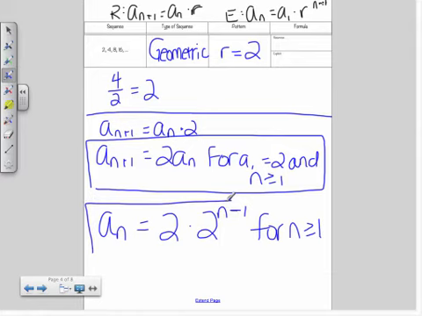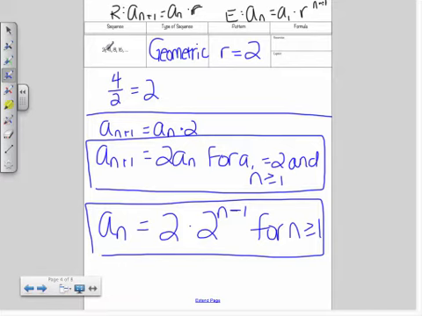Now this should make sense to you that it is exponential because I'm multiplying by 2 repeatedly over and over and over again. So to go from 2 to 4, I multiply by 2 once. Since 4 is the second term and I multiplied by 2 once, it would be the second term minus 1, which is 1, so I multiply by 2 once. Hopefully that makes sense to you. Let me explain this to you one more time. So another example would be 16.